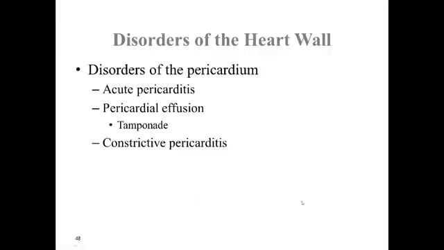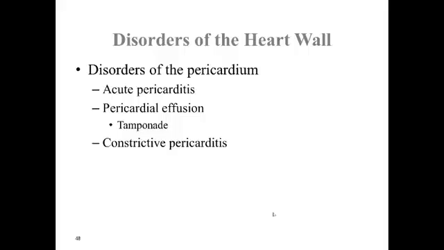So disorders of the heart wall itself, you can get acute pericarditis, pericardial effusion with or without tamponade, or constrictive pericarditis. Inflammation of the pericardium, pericarditis, is common following an acute myocardial infarction like we talked about, especially with ST elevation.